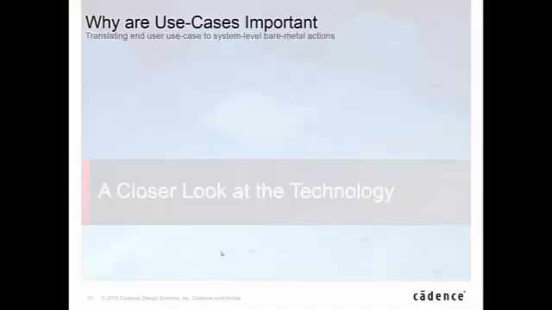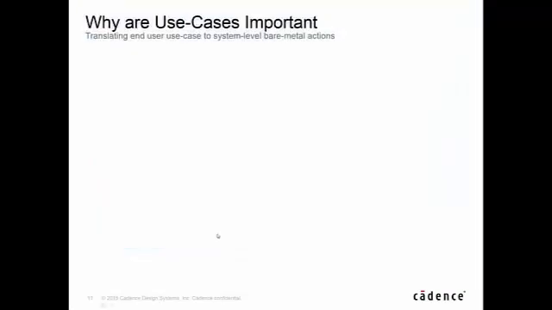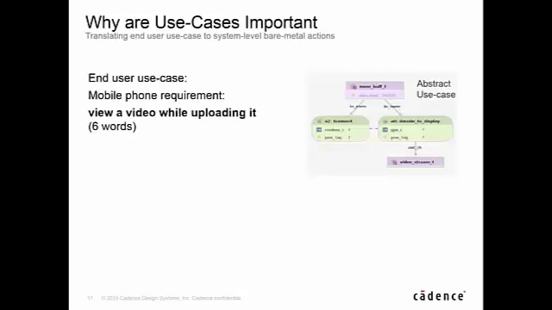So let's take a closer look at what we're doing and what we mean by use cases and how this all comes together. This is a simple view of what a use case can be about. A use case can come from a product perspective, or it can come from an architectural perspective.